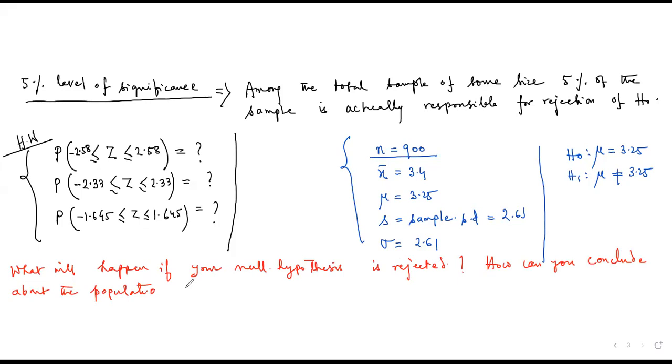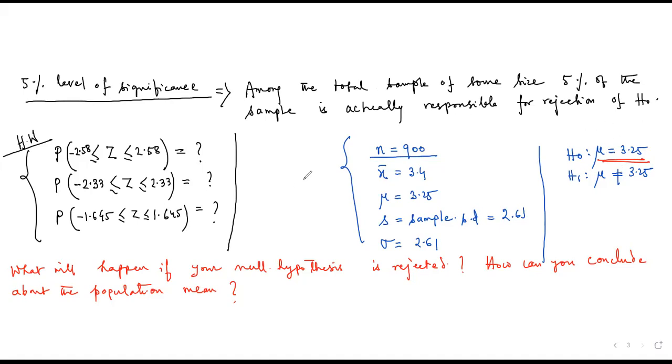Because at the end of the day, we are doing this calculation to guess something about the population parameter. Either we are interested in the population mean or in the population standard deviation. We are taking the pain of this calculation just to say something about this population mean. Samples are only helping us in this regard, but we are not interested in sampling. We are only interested in the population.